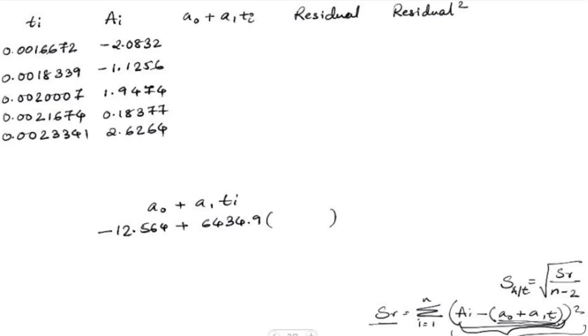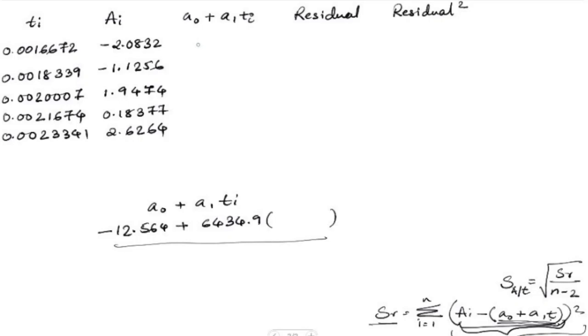So every time we'll put in the different ti's from here, it will change for each value we derive, and this will give us all the numbers that we are supposed to receive for this column here.